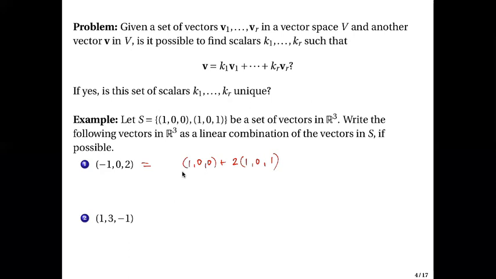So we can multiply this vector by negative 3, so that this combination here, negative 3 times 1, comma 0, comma 0, plus 2 times 1, comma 0, comma 1 will give us the vector negative 1, comma 0, comma 2. And this linear combination here is unique. We will not be able to find other combinations for this negative 1, comma 0, comma 2.